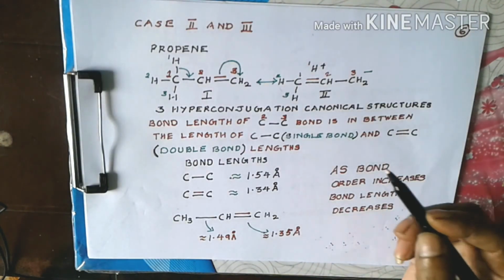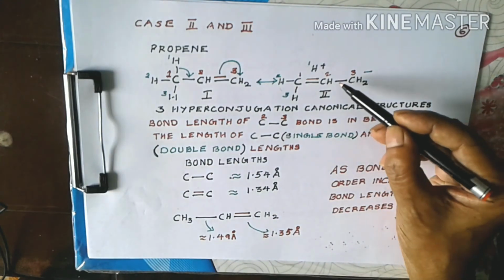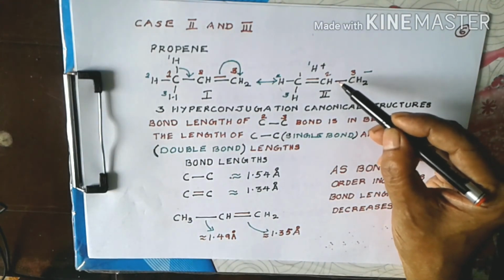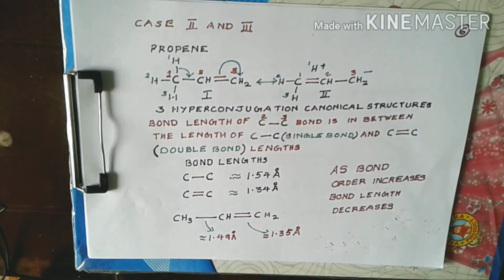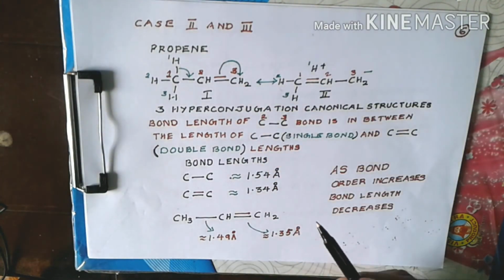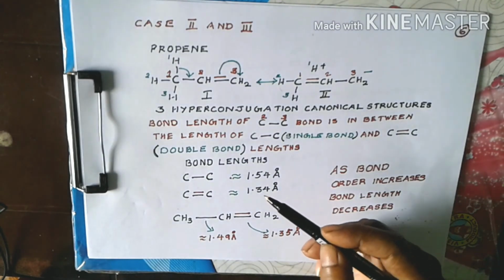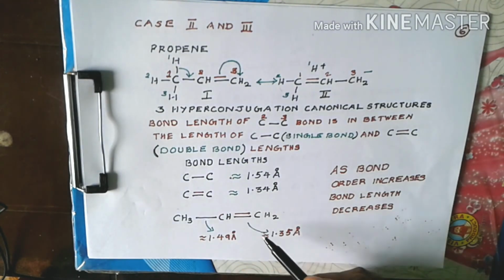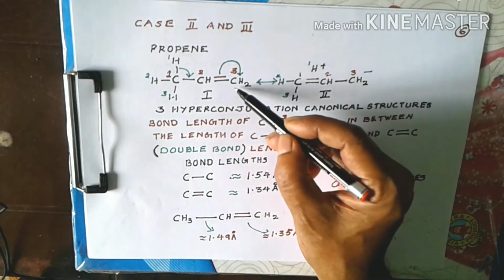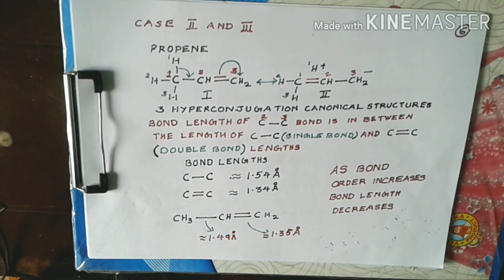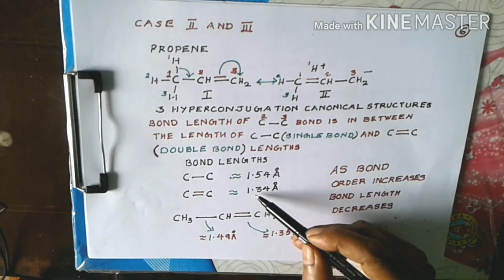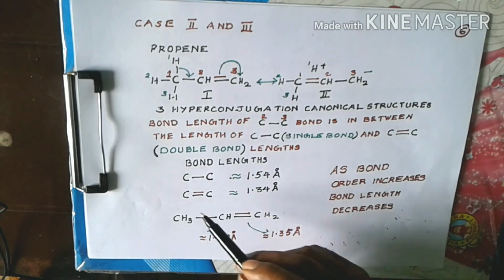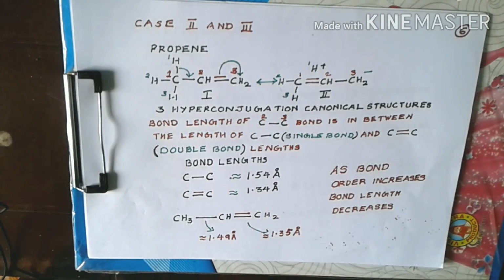And so the double bond character of this bond will not be decreased much, so the bond length for the carbon-carbon double bond in propene, between 2 and 3, is 1.35, which is slightly higher than 1.34 for a usual double bond.